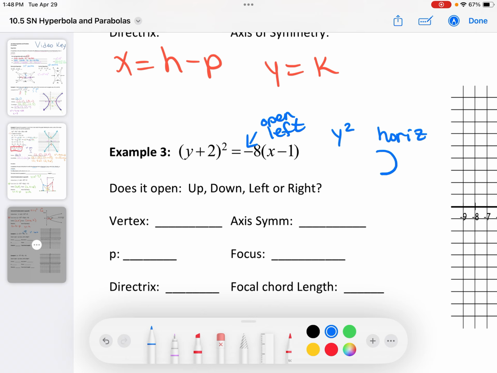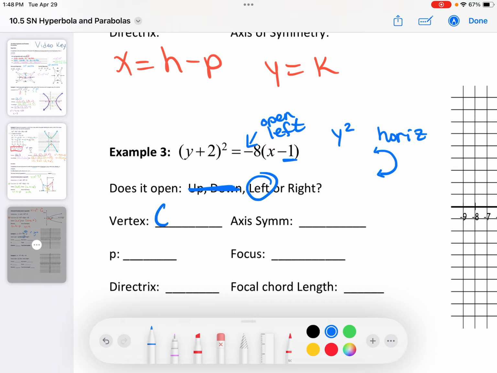In this case, it's going to open left. It's left-right because the y is squared. It's left because of that negative coefficient.